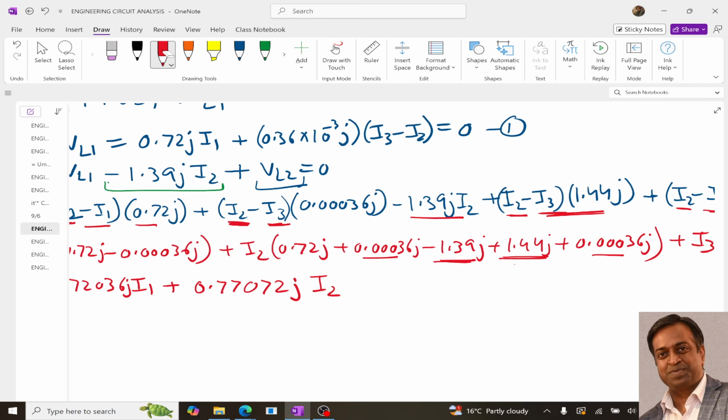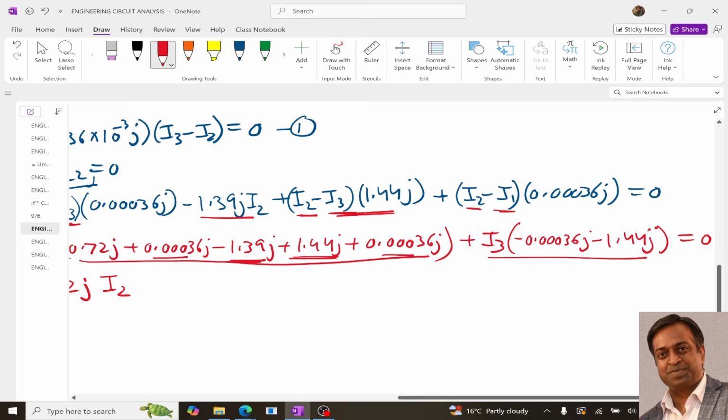And the third one is minus 1.44036 J I3 equals to 0, right. So this is our second equation.